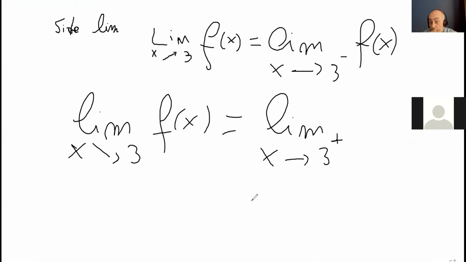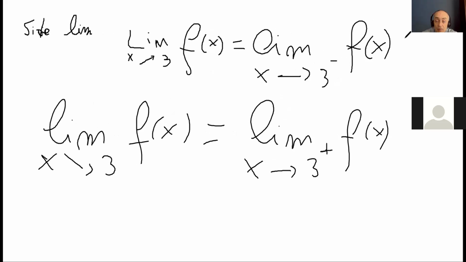When you see 3 plus there, just remember that it simply means that x is approaching 3 from the right side, going down towards 3. So that's the story with a side limit. I want everybody to understand. Now it so happens that in my case, both of these limits were 0.5.